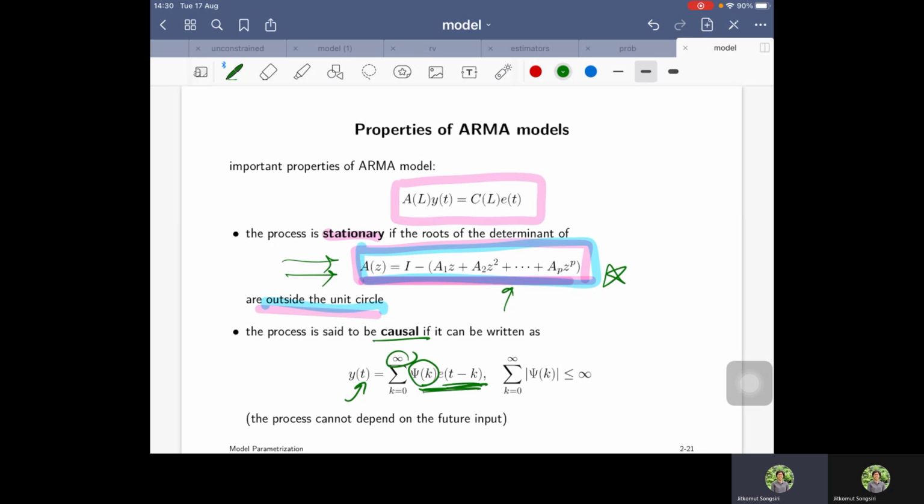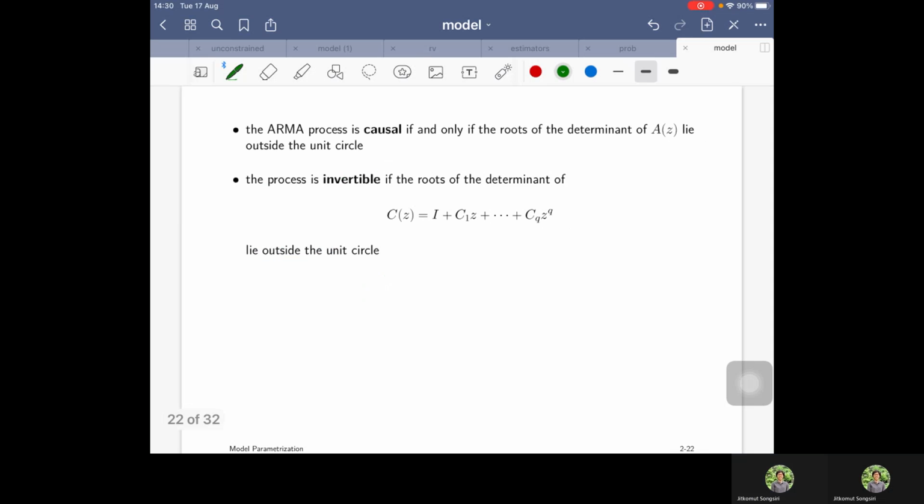Then we have the result that the ARMA process is causal if the roots of this polynomial lie outside the unit circle. If you wonder why, I suggest reading the books on time series analysis. And the ARMA process is invertible if the roots of the MA polynomial lie outside the unit circle.